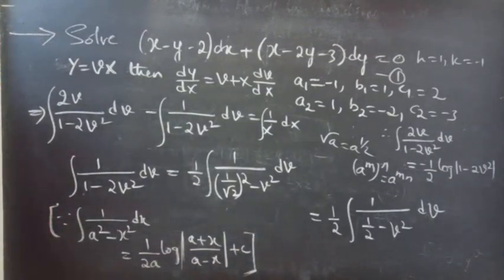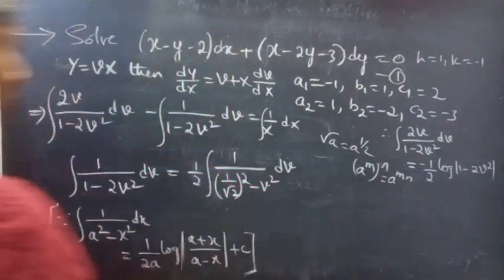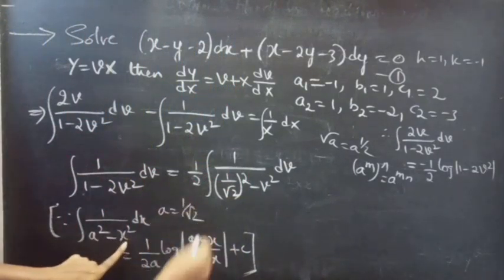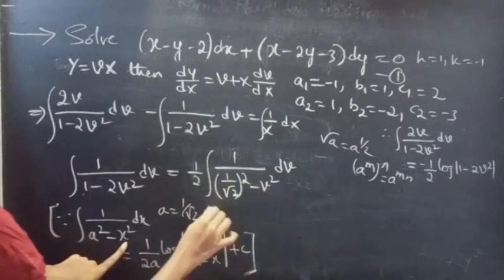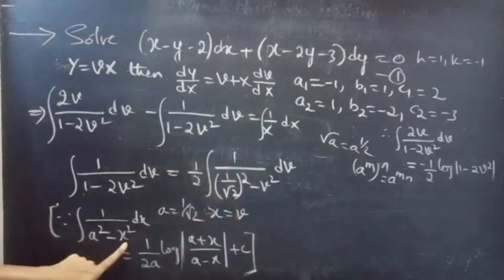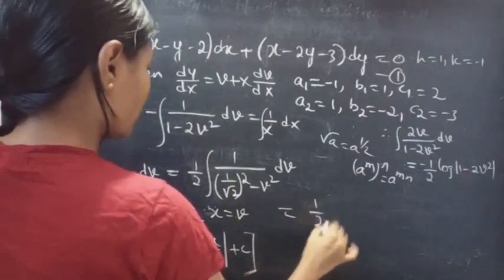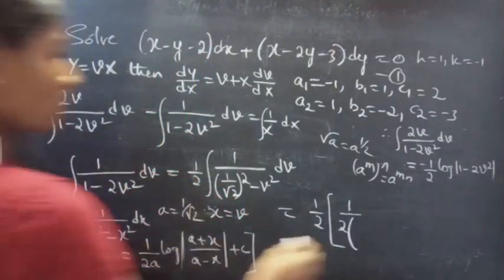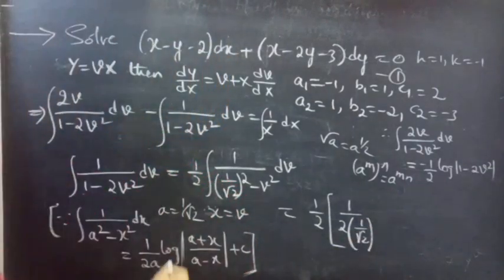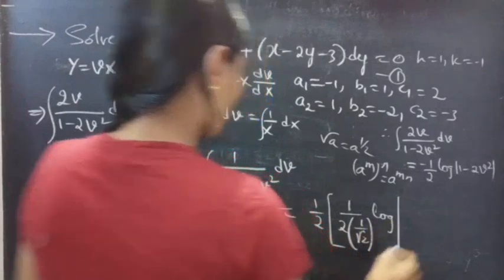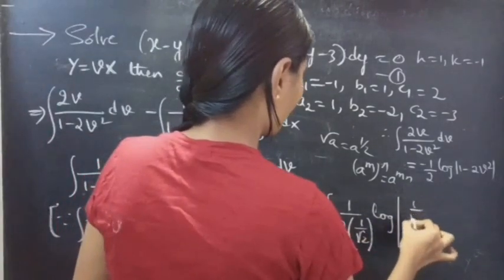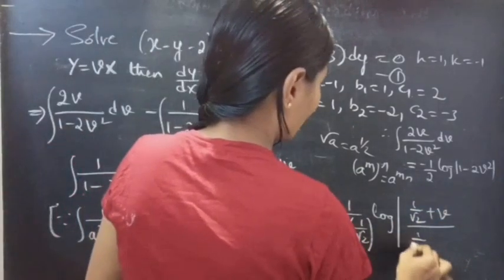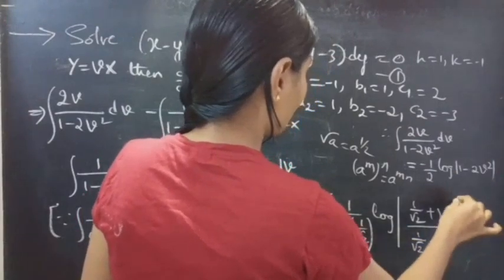Okay, then by comparing these two, for a equals 1 by root 2 and for x equals v, this integral becomes 1 by 2 into 1 by 2a, for a equals 1 by square root of 2, into log mod a plus x by a minus x, for a equals 1 by root 2 and x equals v.